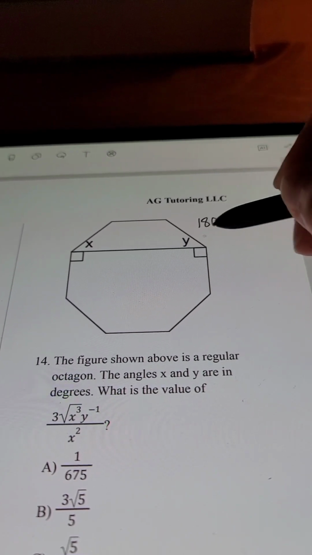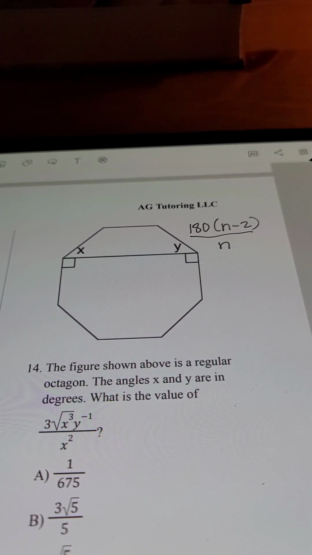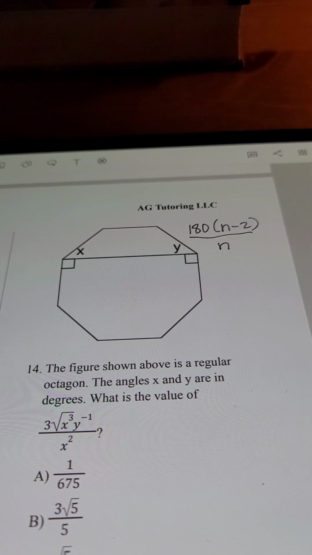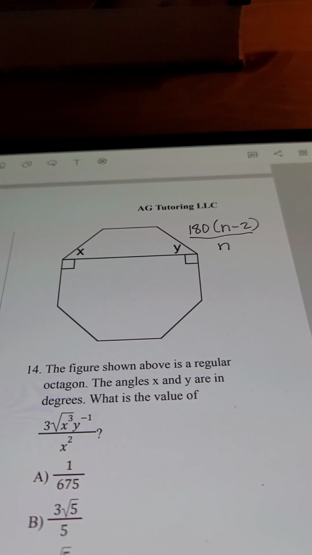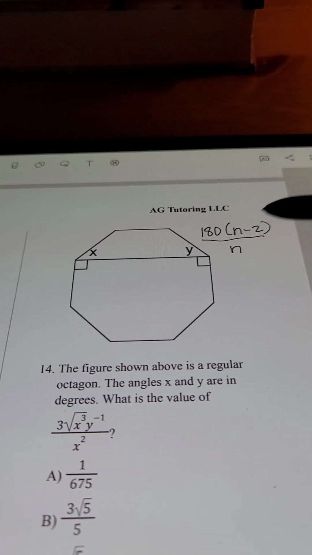So then you just have to think, okay, I'm going to divide by n, the number of sides, or number of angles, which happens to be the same, to get the measure of one interior angle. So this top part is the sum of them, and if you divide by how many angles there are, you get the measure of each interior angle.